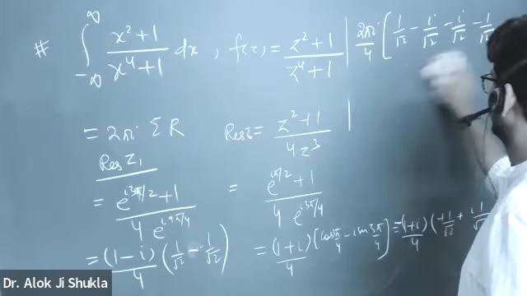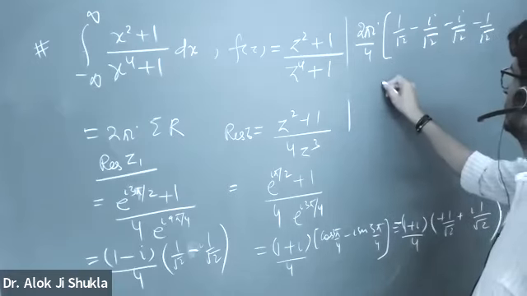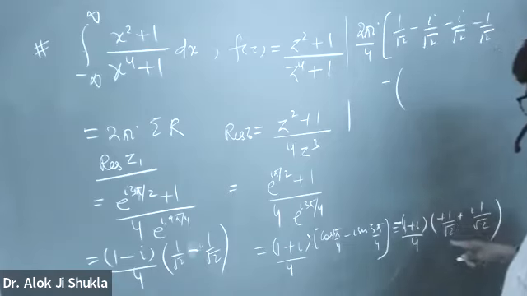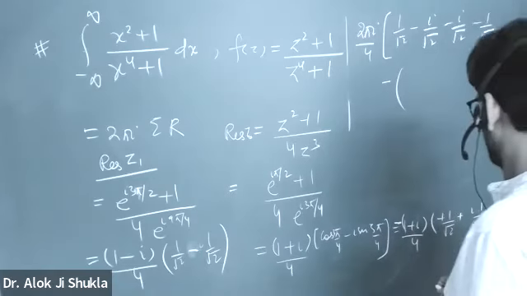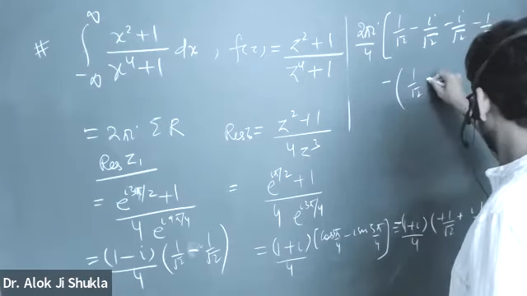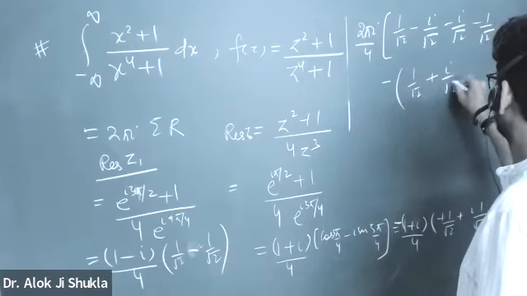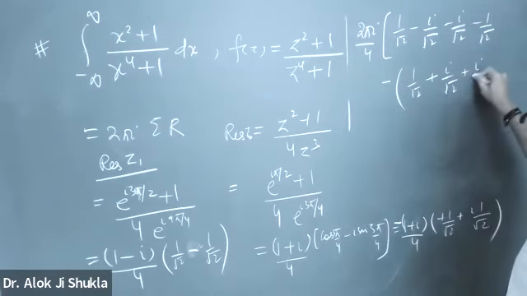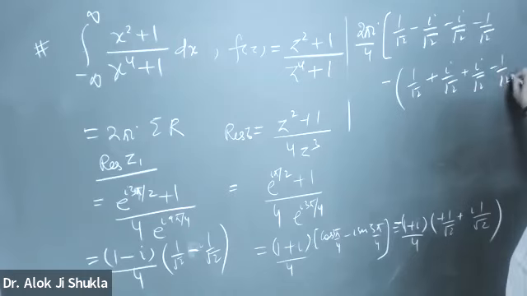Yes, sir. So minus (1 by root 2 plus I by root 2 plus I by root 2 minus 1 by root 2).